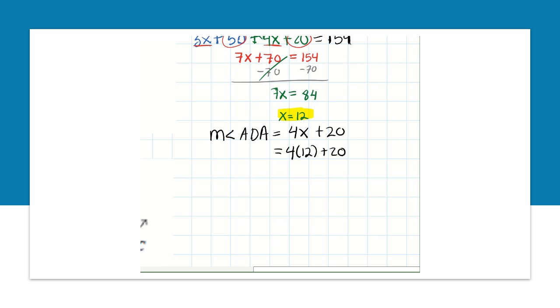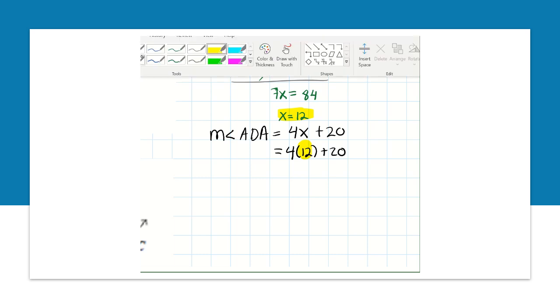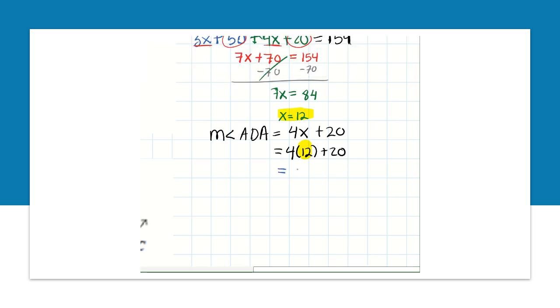I'm going to multiply the 4 and the 12. That gives me 48. Add the 20, which means that the angle measurement for angle ADC is 68 degrees. I know that I wrote ADA, but it should be ADC.